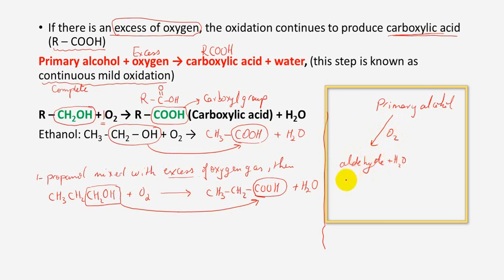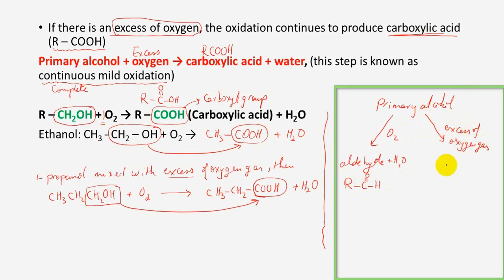The aldehyde has a general form RCHO. If this primary alcohol is in the presence of an excess of oxygen gas, it is changed into carboxylic acid, and in addition to the formation of a water molecule, carboxylic acid is written as RCOOH.